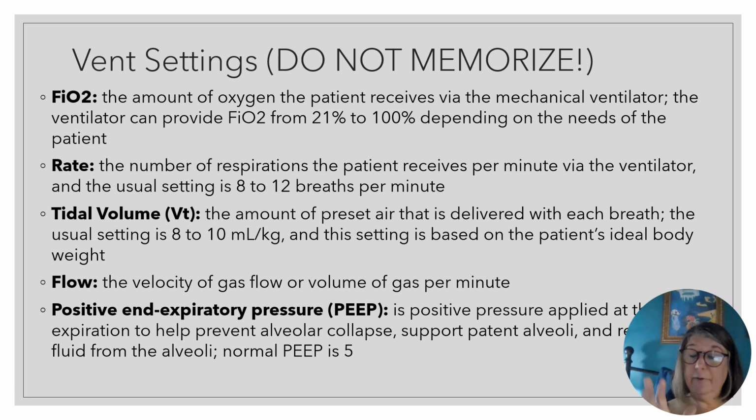Now, when our person is on a vent, they may need more PEEP to keep the alveoli open, dependent upon their disorder, whatever's going on with them. When I worked with vent patients, I would say PEEP of 10, PEEP of 8, maybe PEEP of 12 was about where we saw our vent patients.